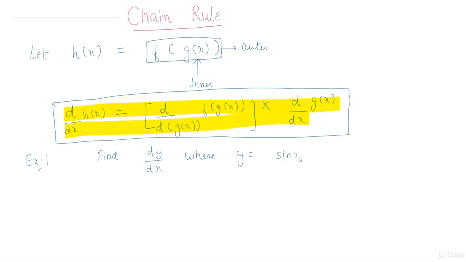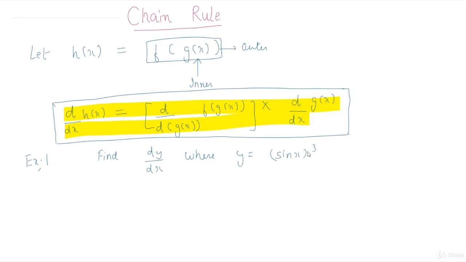This dy by dx is nothing but d by dx of a function y. So this is the other way of saying d by dx of y as dy by dx. So these are equivalent, and they both mean differentiation of y with respect to x. And here y is equal to sine x whole cube, right?